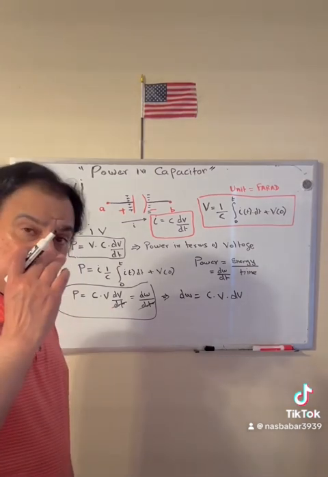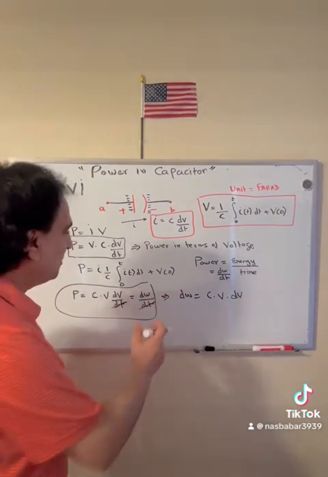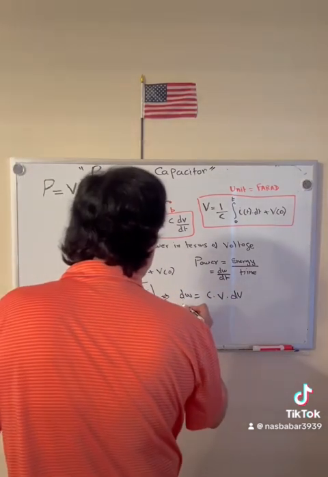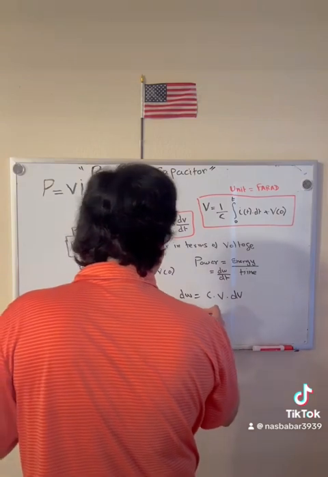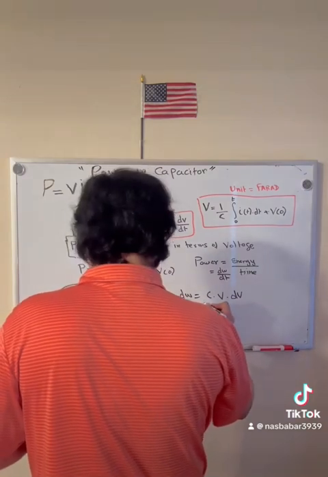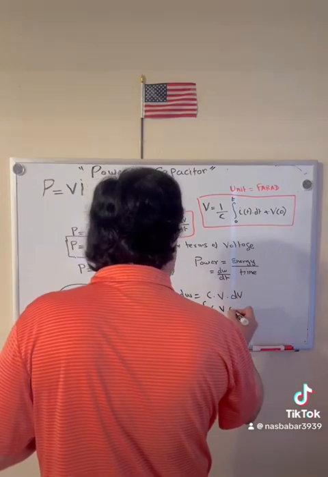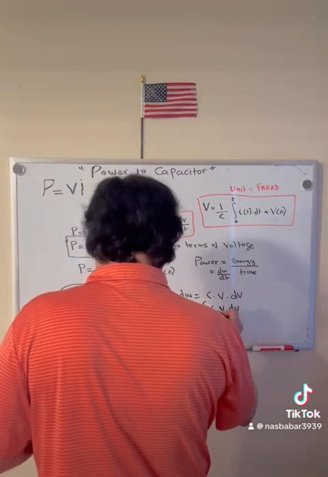Well, the only solution is to take the integral of both sides. When you take the integral of this, you will be just left with W. And on the right hand side, you will take the integral of C, V, dV. Okay. All right.